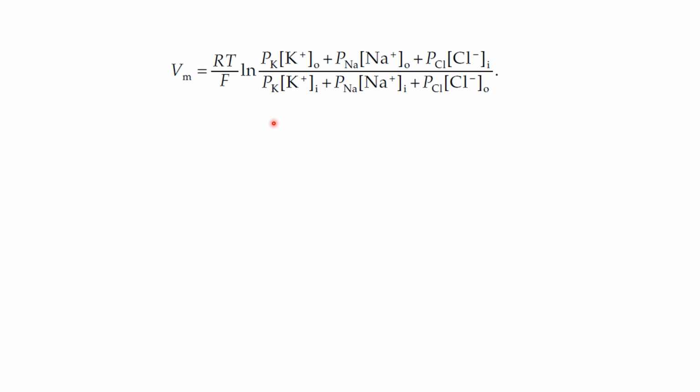And let's think about what would happen if we had only one type of ion, or if the membrane was permeable to only one type of ion. And this actually happens in glial cells, which are highly permeable to potassium, but the permeabilities for sodium and chloride are almost zero. So in this case, if we set PNa and PCl to be zero, then all these terms cancel out and become zero, and what remains is just this term.